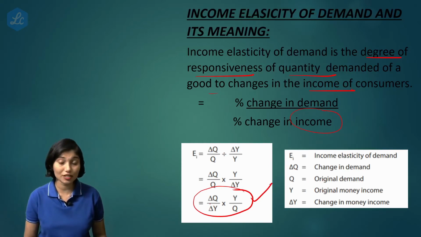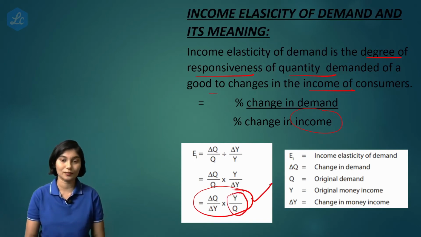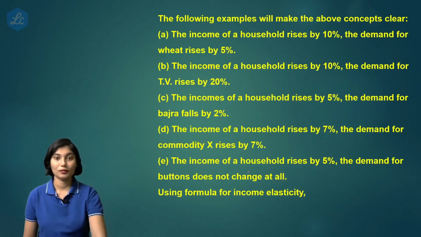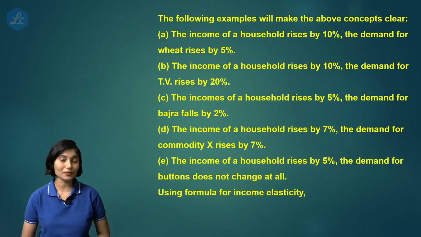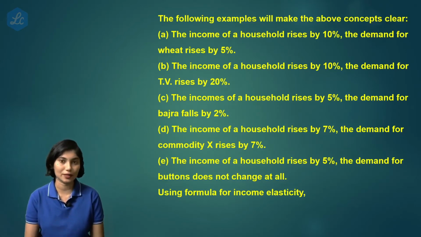So change in quantity divided by change in income into income divided by quantity. This stands for original income and original quantity. Now let us look at certain examples. Now these will make you understand what it means in a slightly better way, I think.